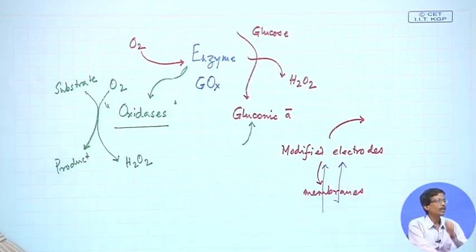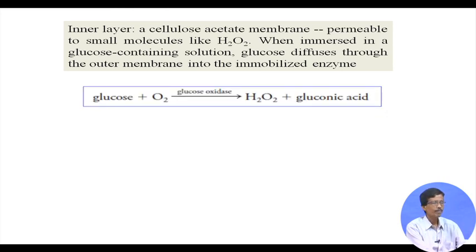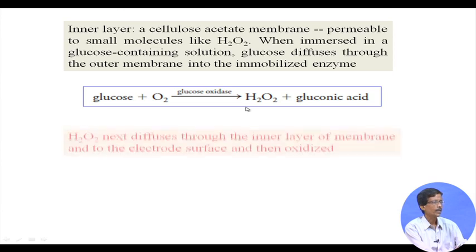When you have the cellulose acetate membrane, we know it is selective for hydrogen peroxide, it allows hydrogen peroxide to pass in. When immersed in a glucose containing solution, glucose diffuses through the outer membrane into the immobilized enzyme, giving this reaction. So, glucose plus O2 gives rise to H2O2 and gluconic acid with respect to your GOX, the glucose oxidase enzyme. The glucose oxidase enzyme works to convert glucose to gluconic acid and hydrogen peroxide.